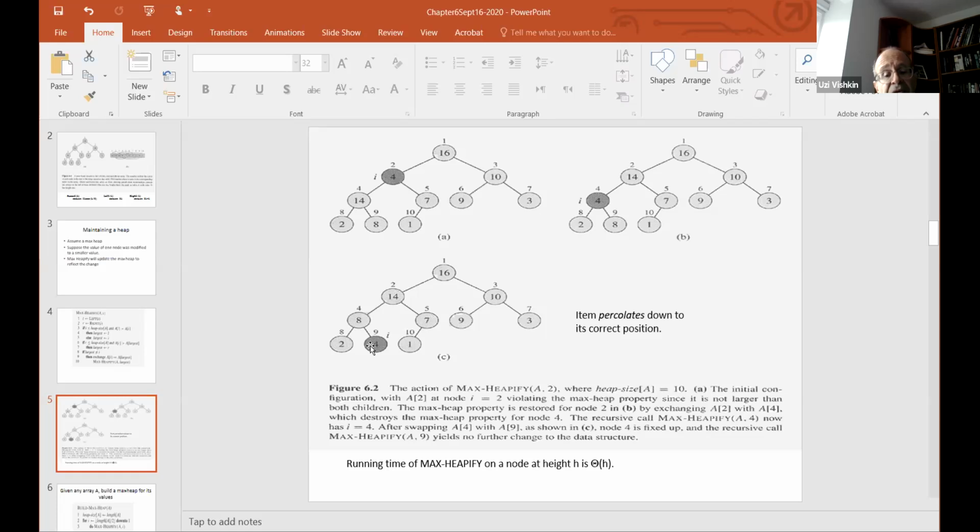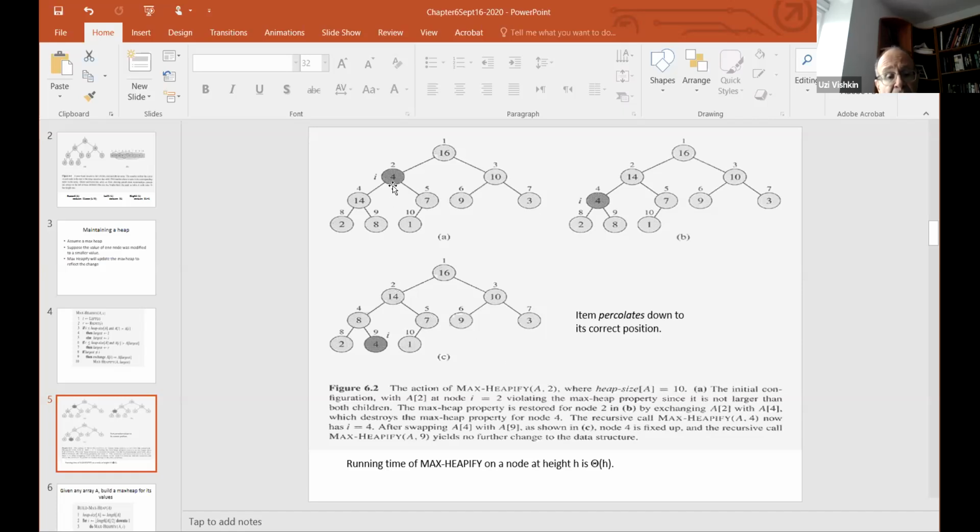It should be clear to you that by following this step, we will be able to fully satisfy again the max heap property by doing no more than order of h operations, where h is the height, the number of edges from the location where we performed the change originally all the way to a leaf, I'm sorry, in its subtree.